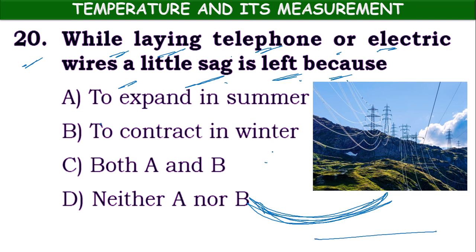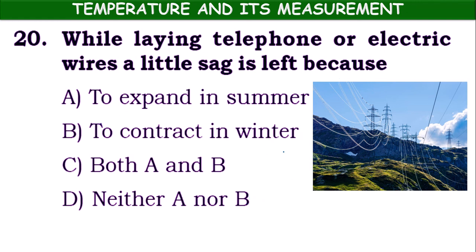If they are tightly fixed and they contract, they will break. So that's why they are loosely fixed, with a little sag left to allow contraction in winter. So option B is correct.